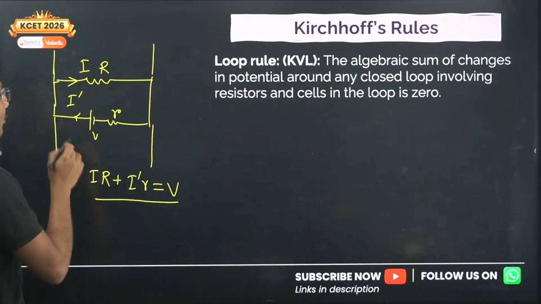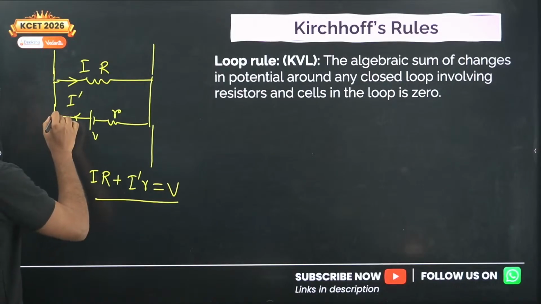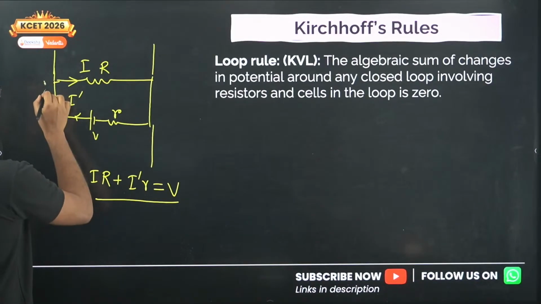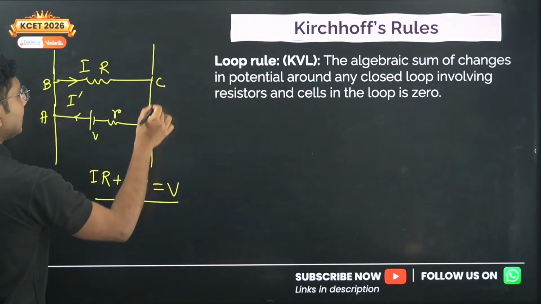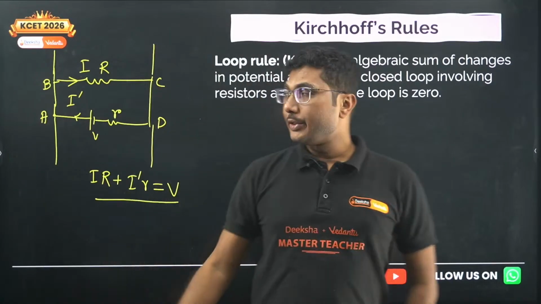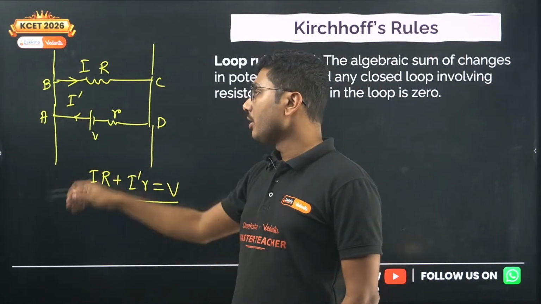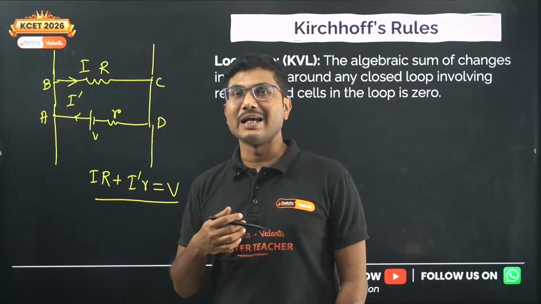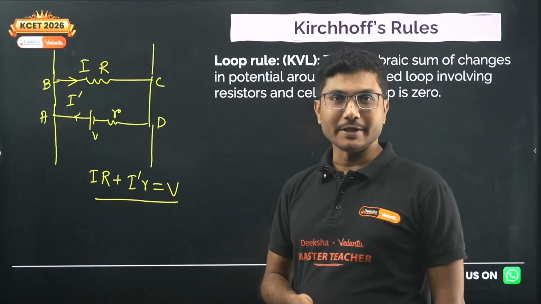First of all, whenever you are considering KVL, you have to consider a loop. What is the meaning of a loop? A, B, C, D. A loop is something where, when you start your journey, during your entire journey you have to move in a single direction. That is very, very important.